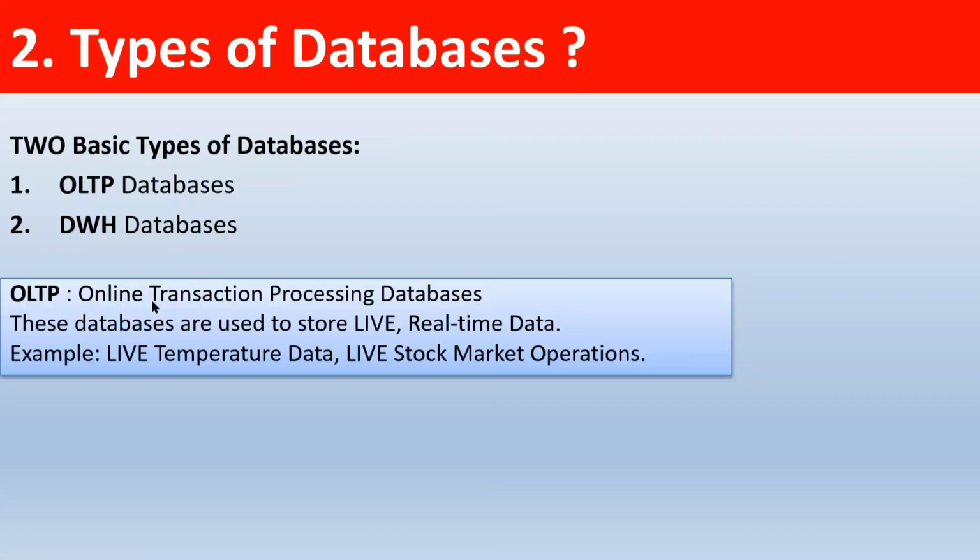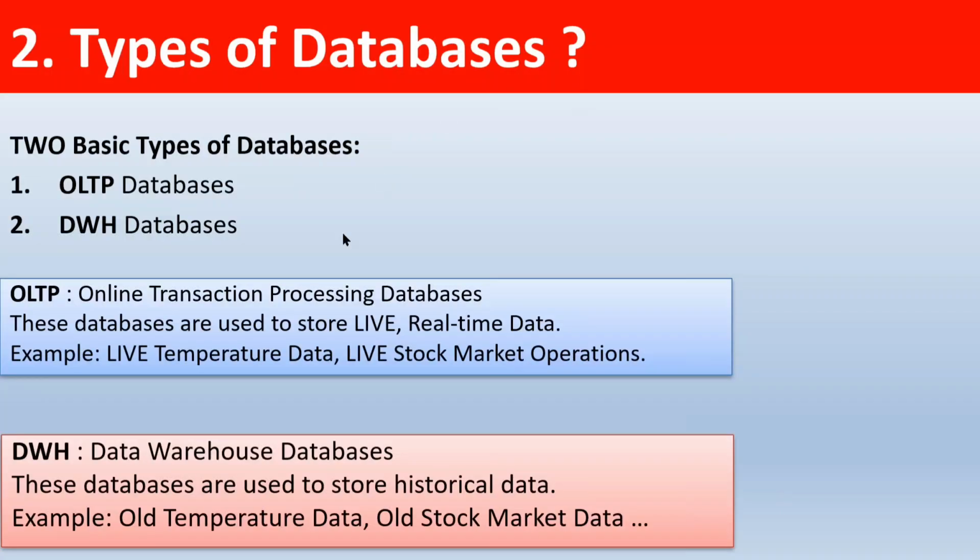OLTP, online transaction processing database, to store live real-time data, like live temperature, live stock market operations. The other one, data warehouse, to store historical data: old temperature data, old stock market data, any old data.